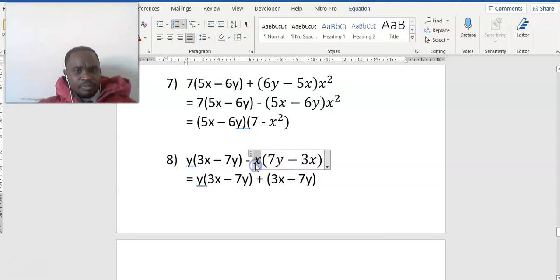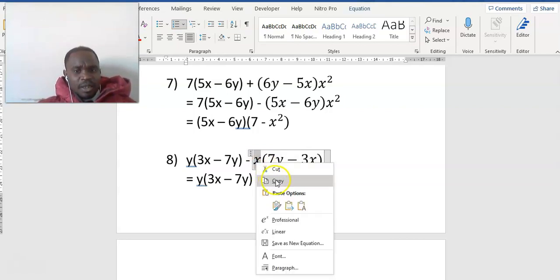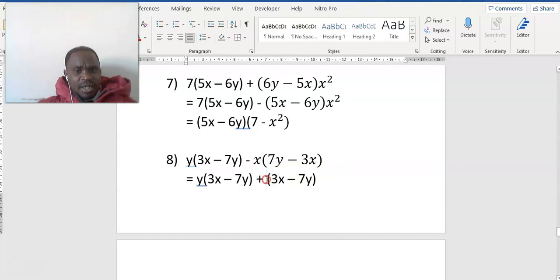Okay, so this, it was minus. They look alike, 7y minus 7y, so I have to write it the same. So this is minus, I'm going to make it plus. See that this one, it was plus, I made it minus. This time it's minus, I'm making it plus. So this minus 3x is going to be 3x, and this plus 7y is going to be minus 7y.